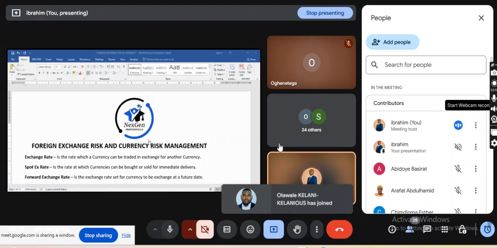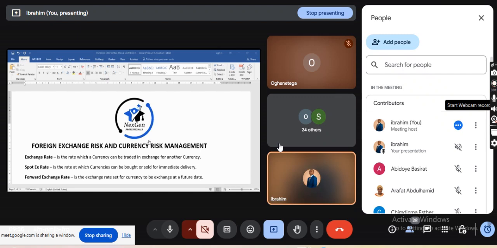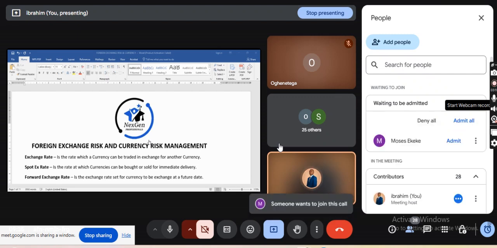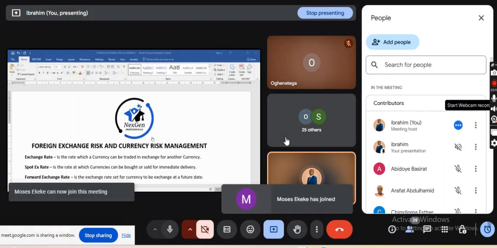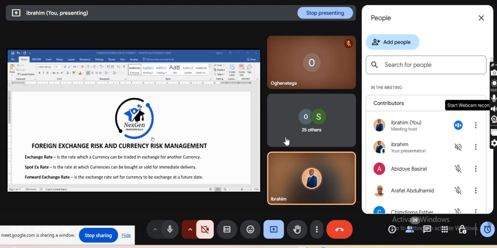The spot rate is 1,500. So you want to sell in dollars now. If you want to convert that 1,500 to dollars, that 1,500 is the spot rate that you can use to sell that particular product.